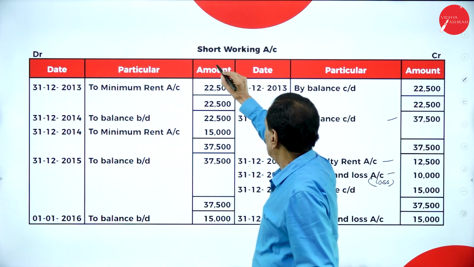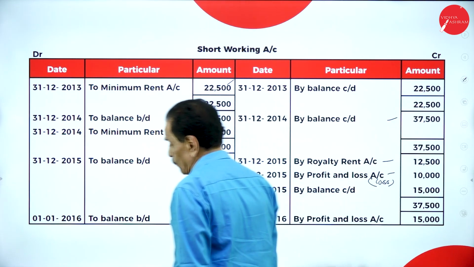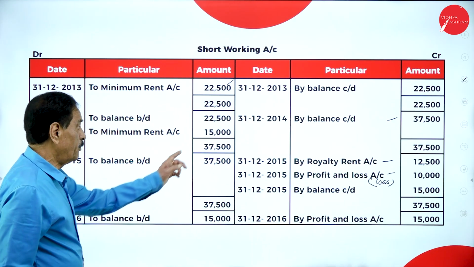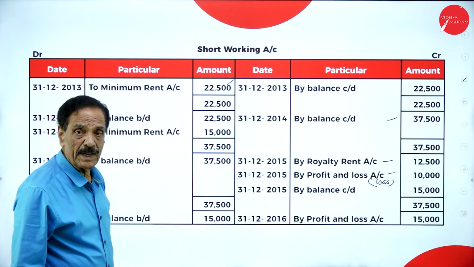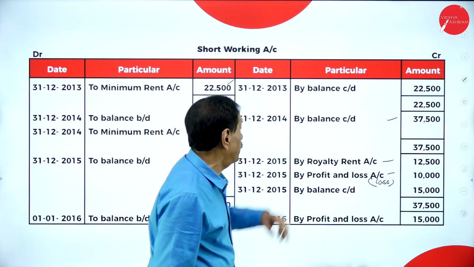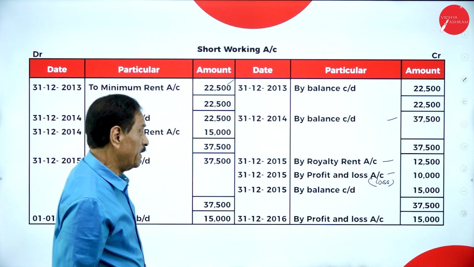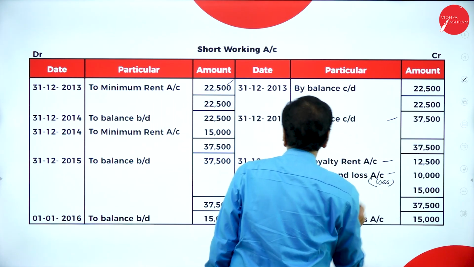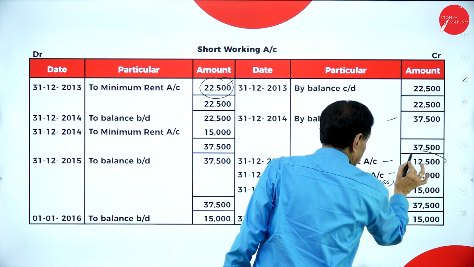So I will repeat. Short working to minimum rent 22,500 by balance carried down 22,500. Brought down 22,500. Next year shortage is 15,000. What's the total shortage? 37,500 by balance carried down 37,500. This amount should be recovered here. Third year 37,500. How much recovered? 12,500 out of this. 12,500 recovered.